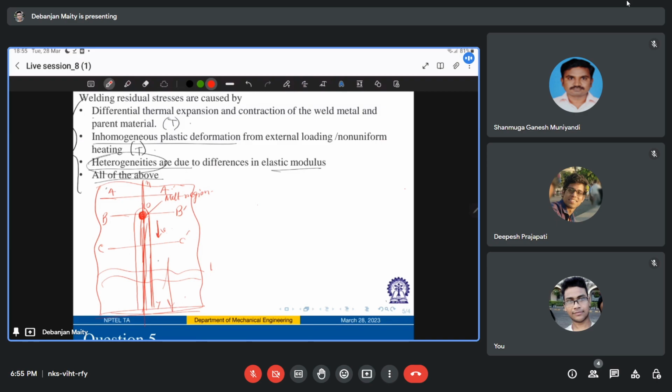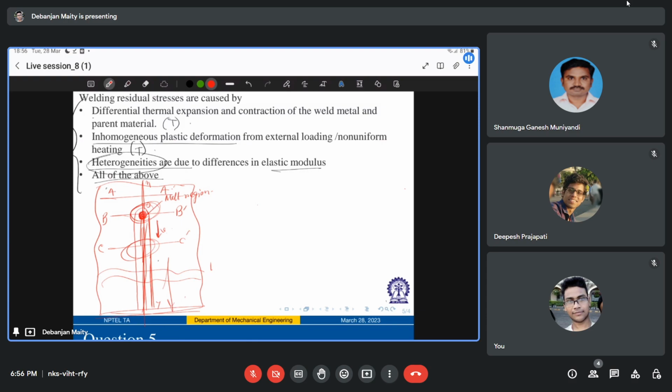What we are trying to understand is how your residual stress will vary at different locations during your welding. At this region, how will your residual stress be? At this region, how will it be? Those things we are trying to figure out.